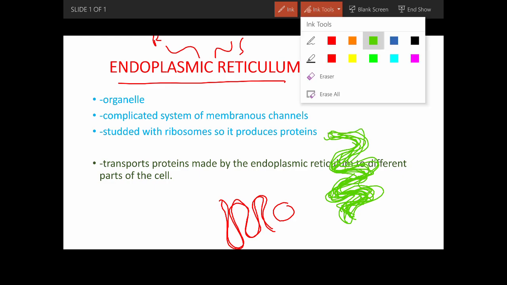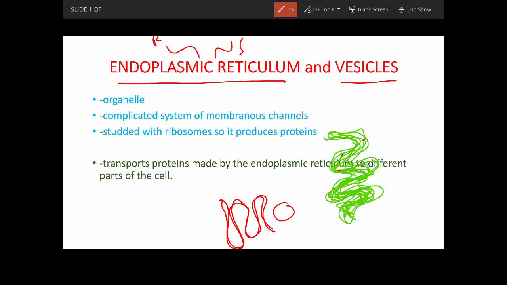Now, this complicated system of membranous channels is studded with ribosomes. It's way better to understand the answers rather than to memorize them, but some things you're supposed to memorize, so just memorize them. This one you're supposed to understand.